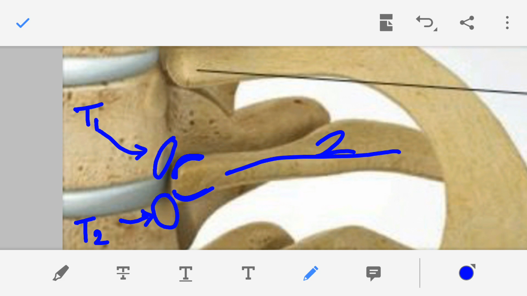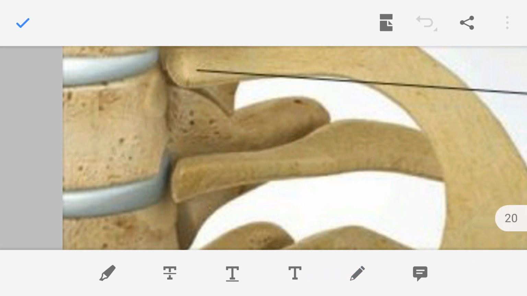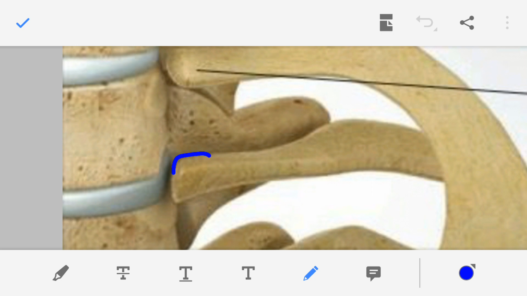So now we are applying pressure and we are fitting. So this part will fit into this, will fit like this. Okay, the head will fit like this. So this way, what is fitting into what? Superior articular facet fits into inferior demifacet.